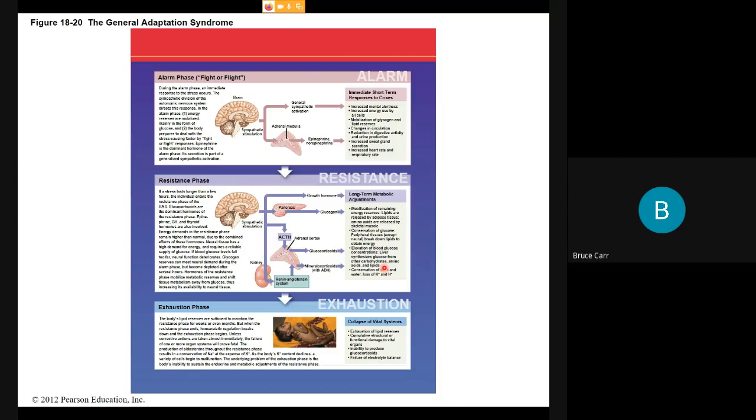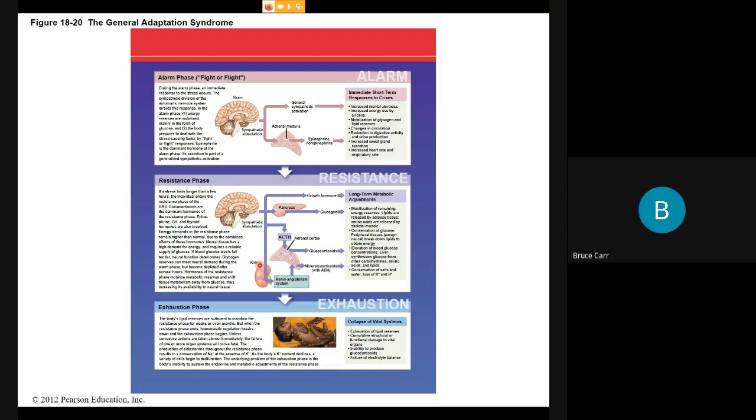So the versatility of the liver in keeping the blood glucose level high. Remember, blood glucose is not only maintained, it's the only nutrient the brain can use. So we're taking care of the brain during this period of stress and decline. We're going to conserve salts and water. We're going to lose potassium and hydrogen, and resistance can go through any number of stages and back and forth.